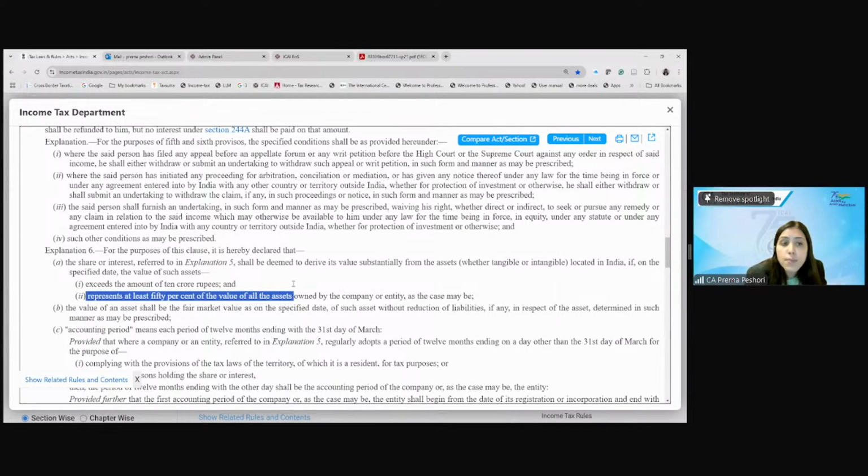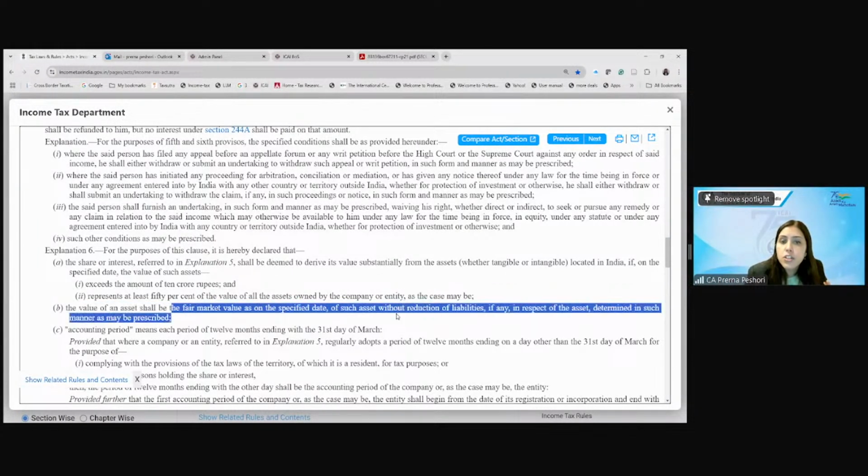What is the value of assets? Value shall be the fair market value as on the specified date of such asset without reducing the liabilities.